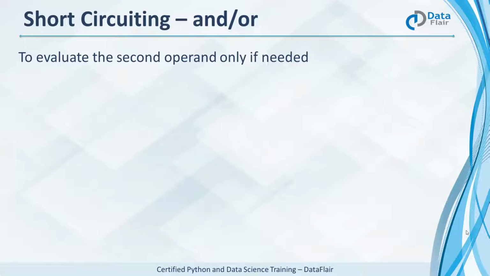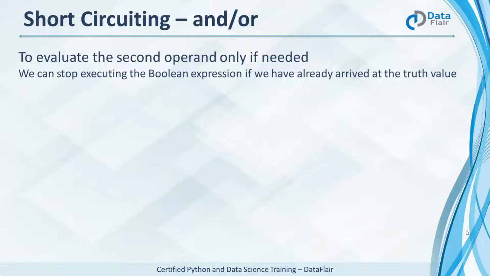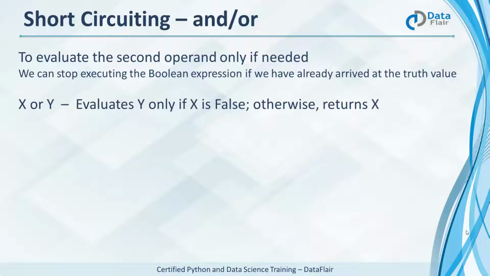Python evaluates the first argument before the second. It does not evaluate that until necessary. This is called short-circuiting. The logic behind this is that we can stop executing a Boolean expression if we have already arrived at the truth value. X or Y evaluates Y only if X is false.